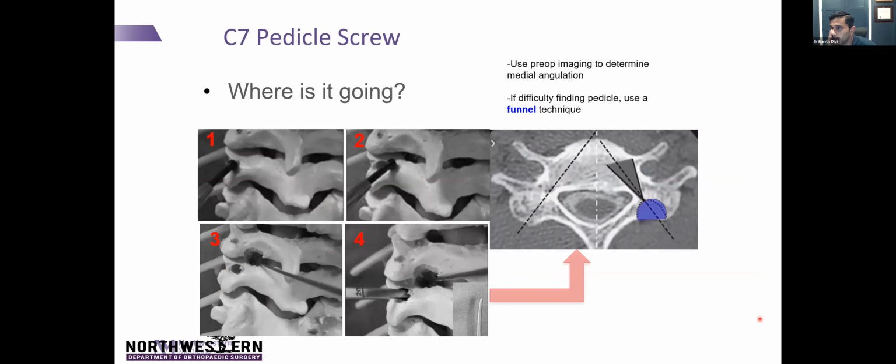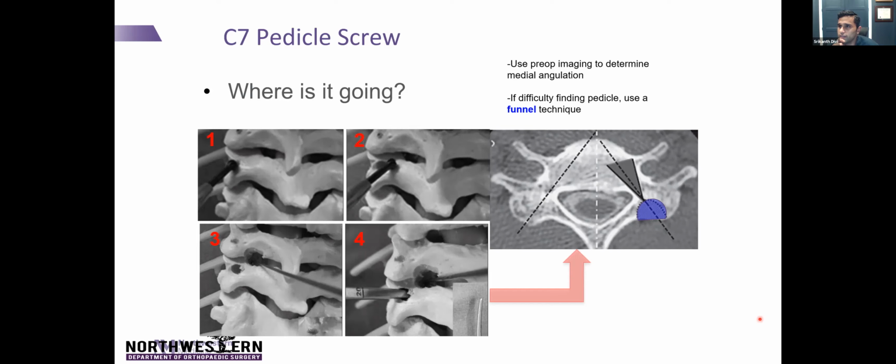I think it's feasible based on what people have shown, especially with the use of navigation. It seems like it's being done in Europe more than here, as far as I know. From what I've read in those papers, it seems doable, if you're willing to take the time to do it. I don't know how much it adds.